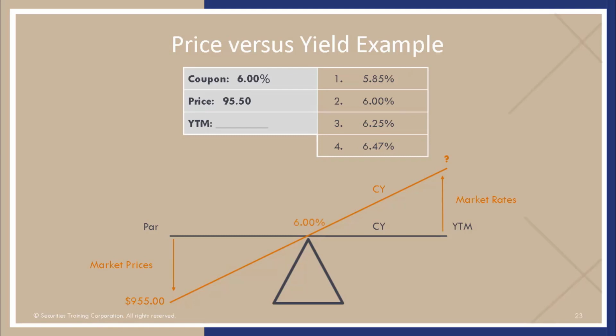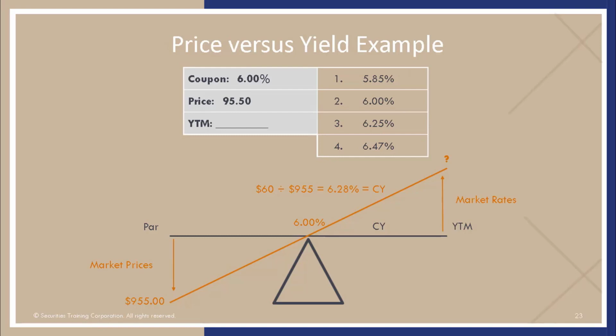So let's calculate the current yield to help us answer this question. We know the coupon rate is 6%, or $60 per year. If we take $60, which is the annual interest payment, and divide by the current market price of $955, we get 6.28%, which is the current yield. Well, we know the yield to maturity has to be higher, not that much higher, but somewhat higher than 6.28%.